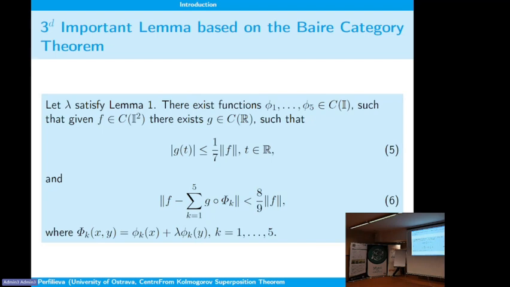This is based on the so-called Baire category theorem, which says that the intersection of open dense sets is again an open dense set.